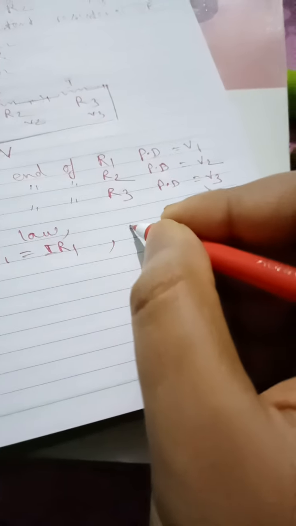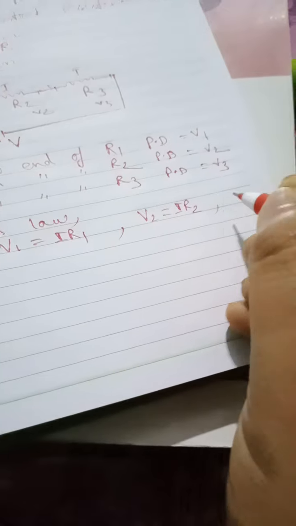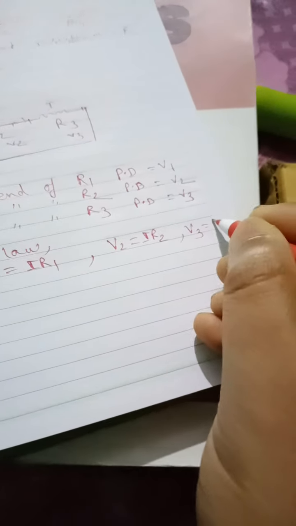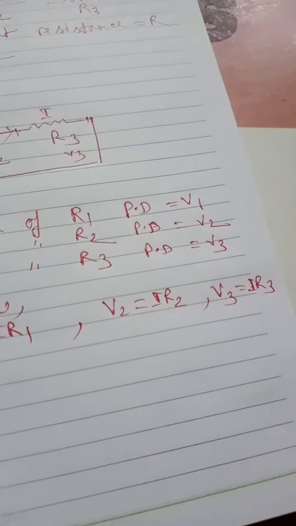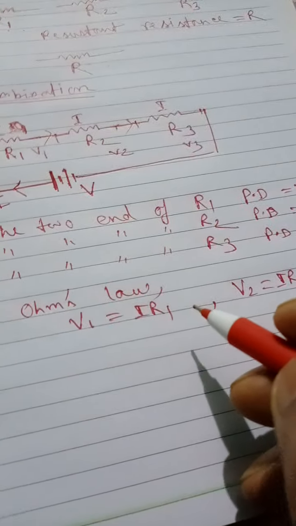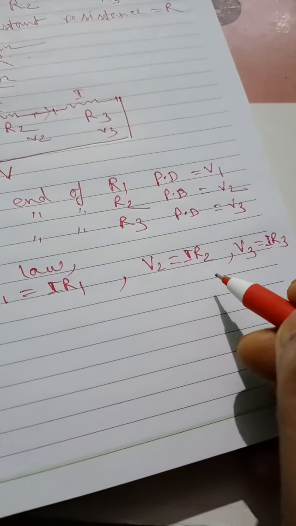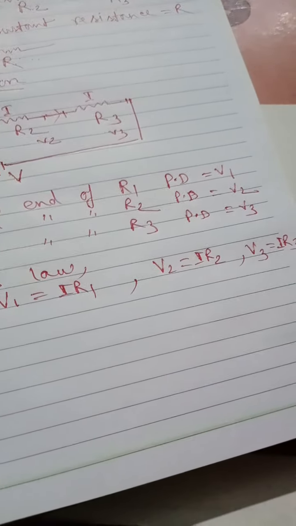Similarly, you can write V2 is equal to I into R2 and V3 is equal to I into R3. So here the potentials across the different resistors V1, V2, V3 are represented by Ohm's law in such a way: V1 is equal to IR1, V2 is equal to IR2, V3 is equal to IR3.